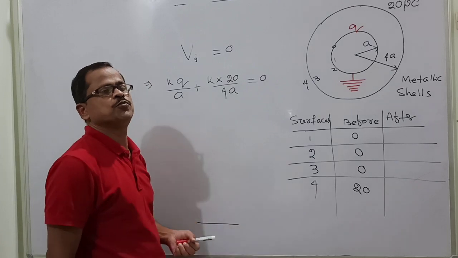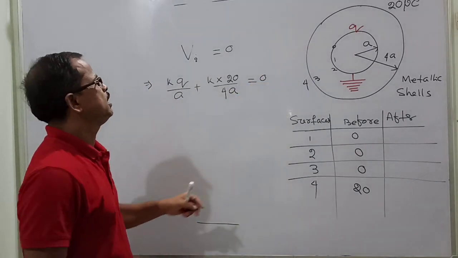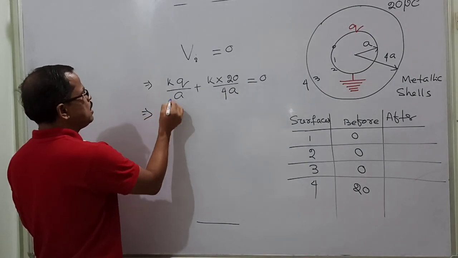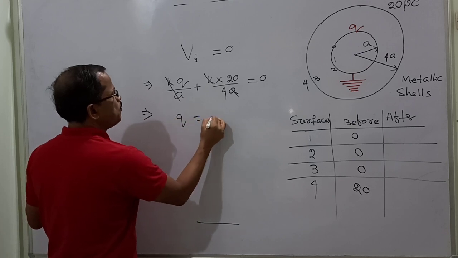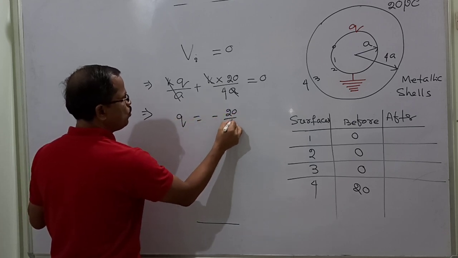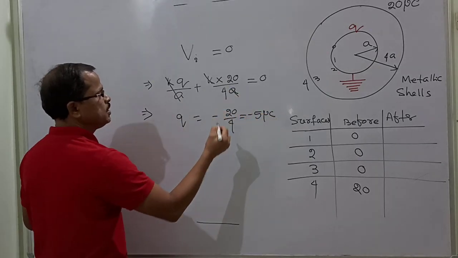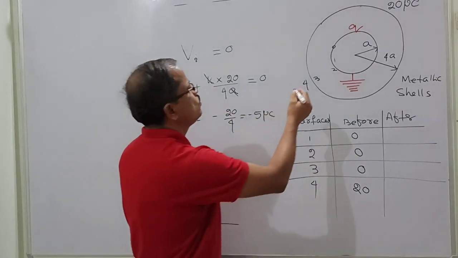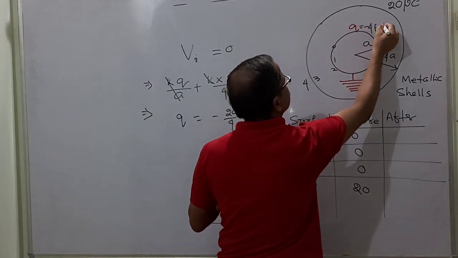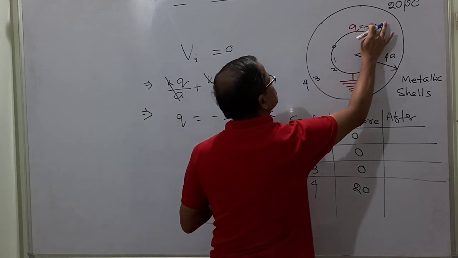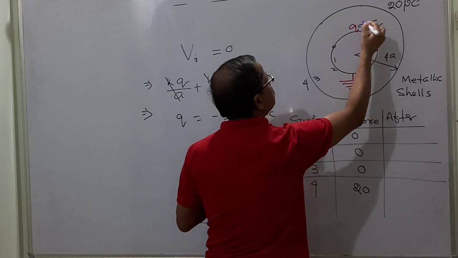From the principle of superposition, the net potential is the algebraic sum, which equals 0. Taking K by A common, Q is equal to minus 20 by 4, that is minus 5 microcoulomb. So Q is equal to minus 5 microcoulomb.